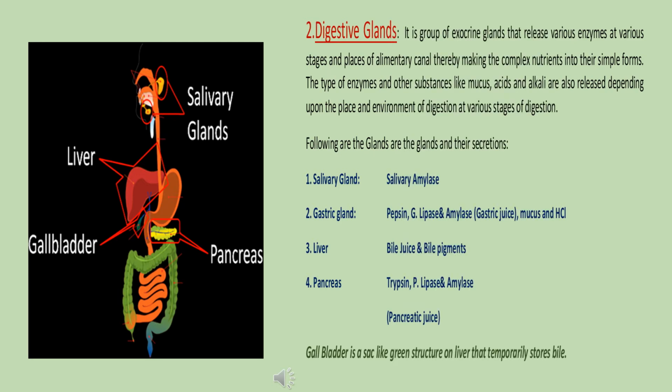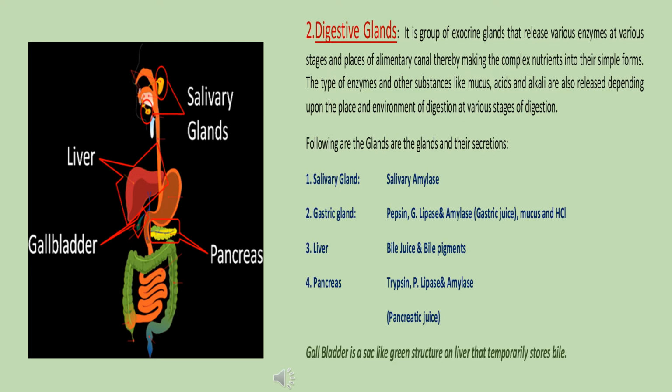Digestive glands are exocrine glands. They release various kinds of enzymes at different stages of digestion through the length of the alimentary canal. They help in the digestion of various types of chemical compounds which are commonly very complex in nature.